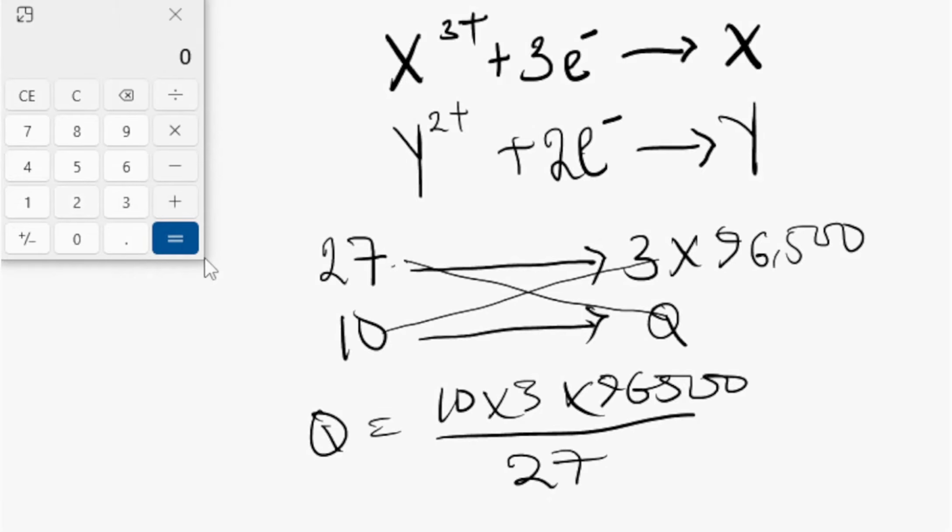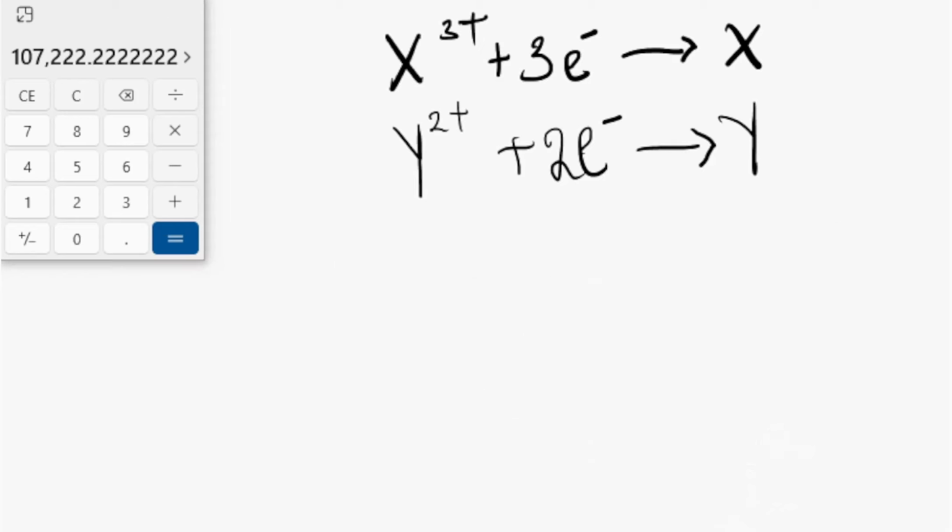So we're going to punch our calculator here. 10 times 3 times 96,500. So this will be divided by 27. So let's go ahead and wipe this part, and then let's keep this aside. The charge for X.